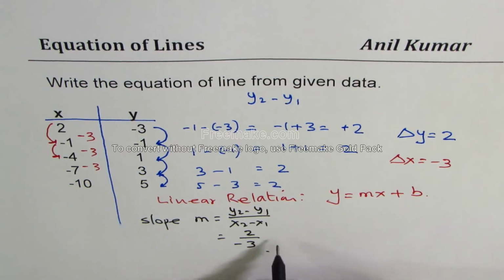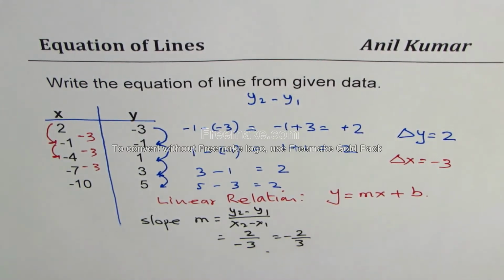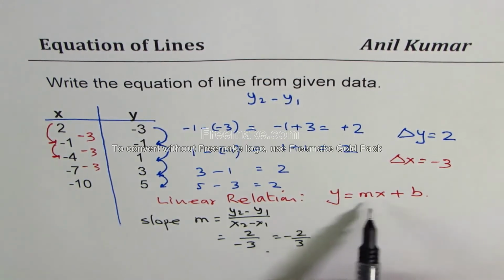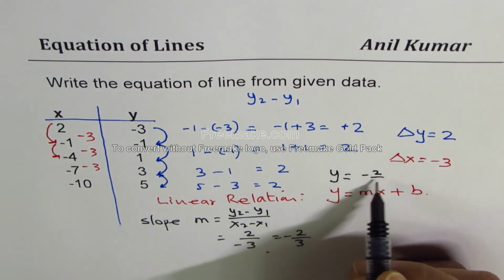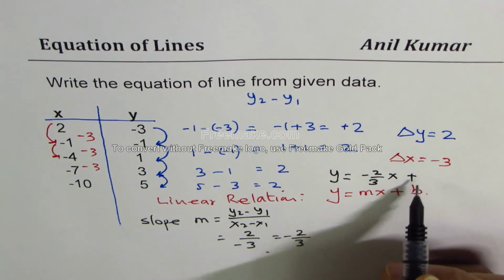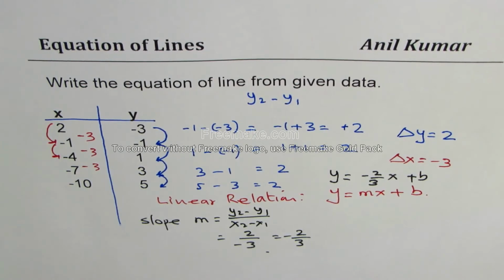Which you could also write as 2 over 3 with a negative sign. Since we know m, we could write this equation as y equals minus 2 over 3 x plus b. But we don't know what b is. How to find b? That is a big question.